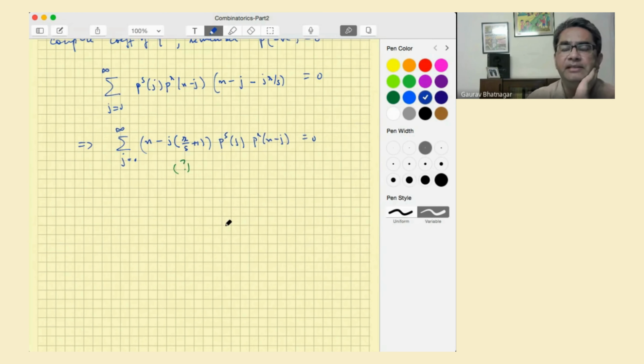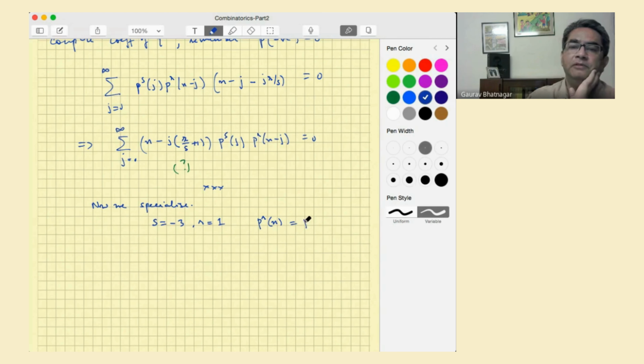Okay, so this is one of the main results, and now we specialize. Ah, that's fine. So what we do is we take s equal to minus 3 and r equal to 1. So r equal to 1 means PRN becomes P of n, and s equal to minus 3 means that we are looking at this guy.